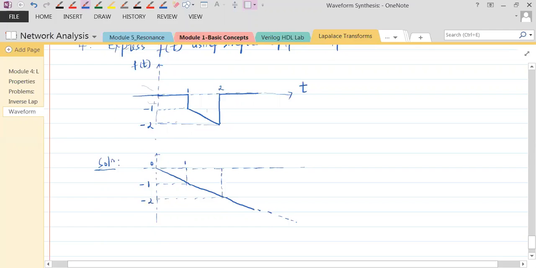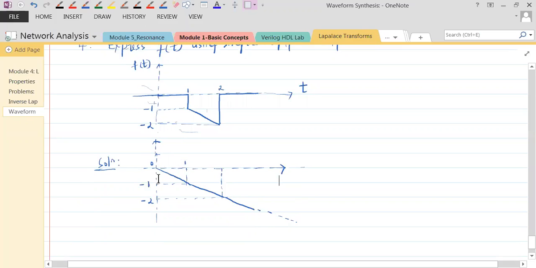So what do you think is the wave? This is r of t, but I cannot call it r of t. I can call it minus r of t, and since it is minus r of t, this can be minus t. See here, at 1 if it is 1 and at 2 it is 2, I would say that particular function is t.